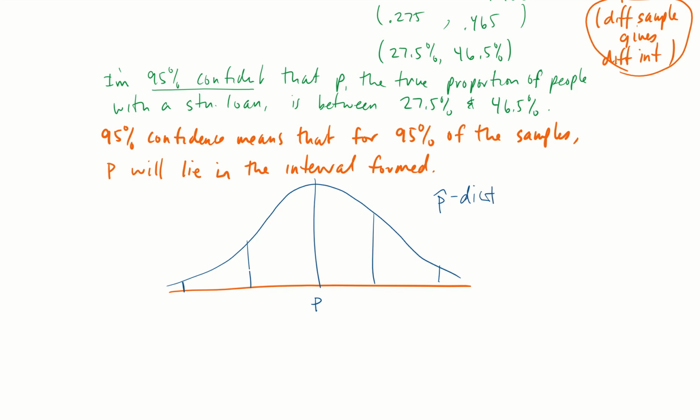If I pick a P hat here, and I go two standard deviations each way, which is this length right here, P is in it. If I pick another one over here, I go two standard deviations each way, there's my interval, P is still in it. See, here's P.